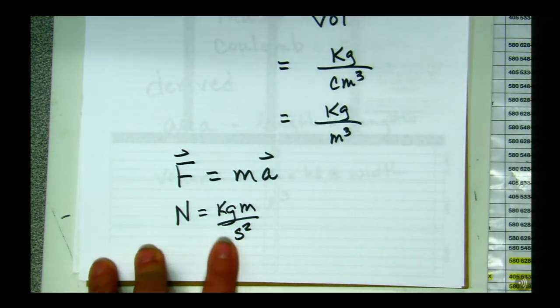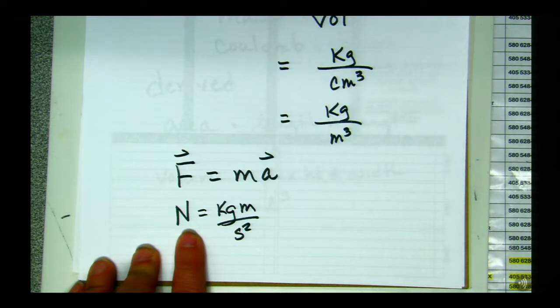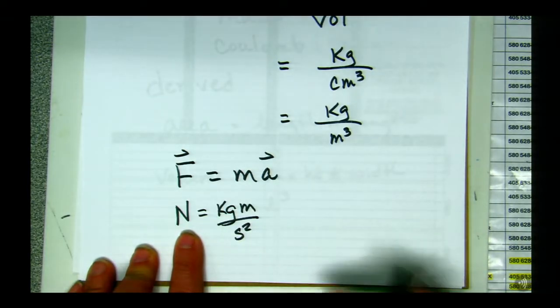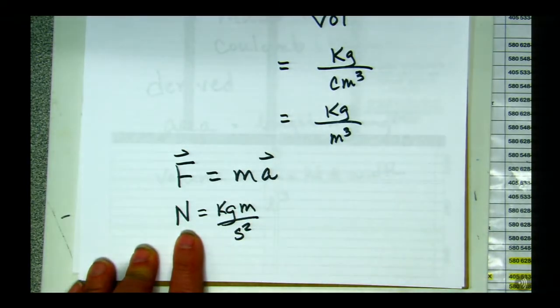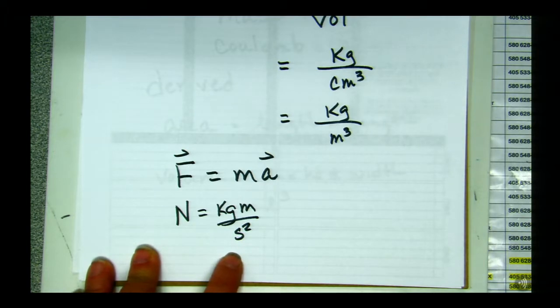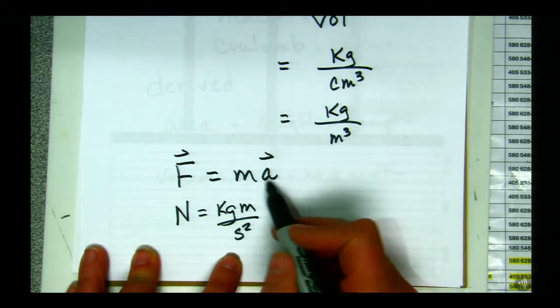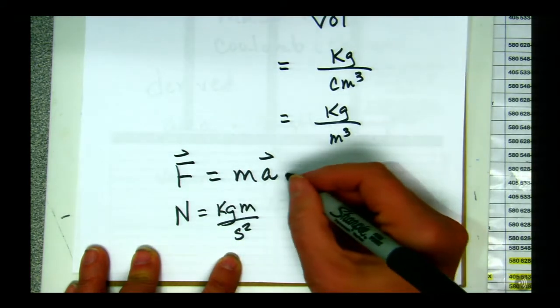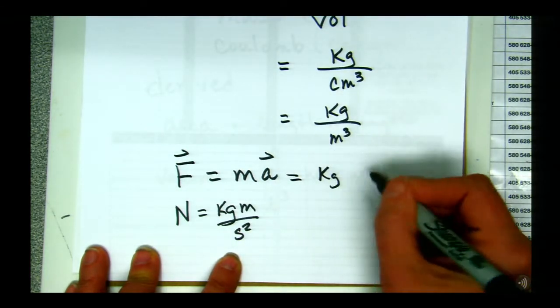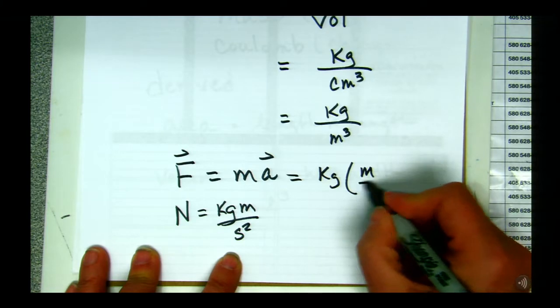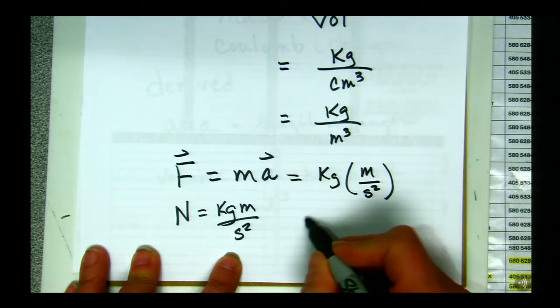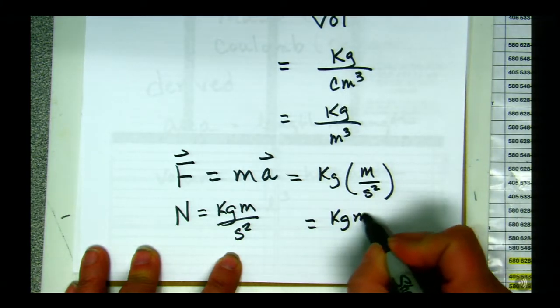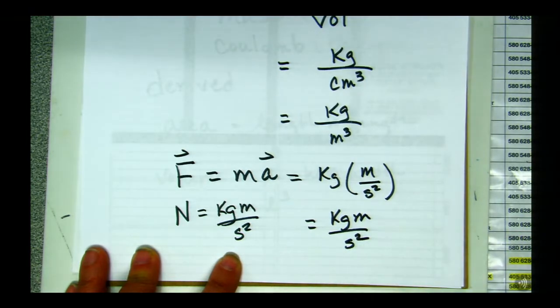Kilogram is a fundamental unit. Meter is a fundamental unit. Second is a fundamental unit. If I'm looking at F is equal to ma and I want to show that both sides are equal, mass is in kilograms, acceleration is in meters per second squared, so I get kilograms meters per second squared. I've shown that both sides of the equation have the same units.